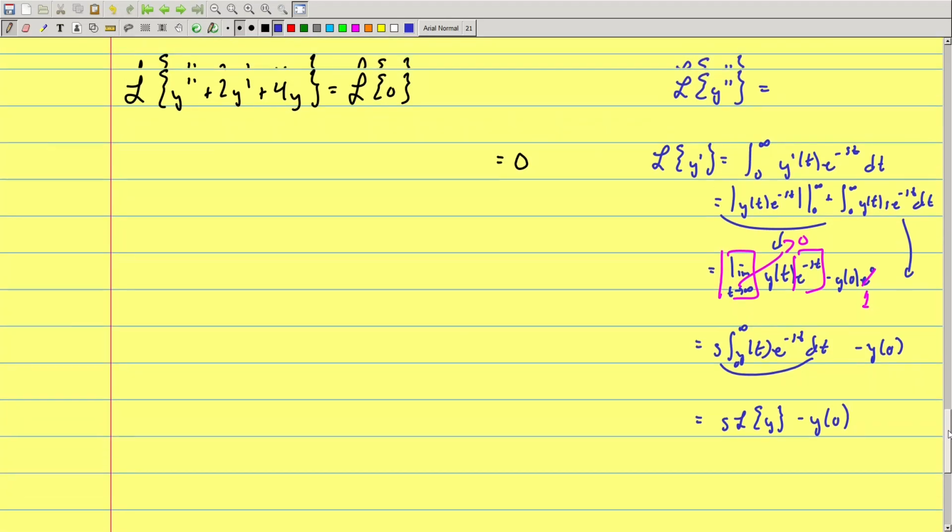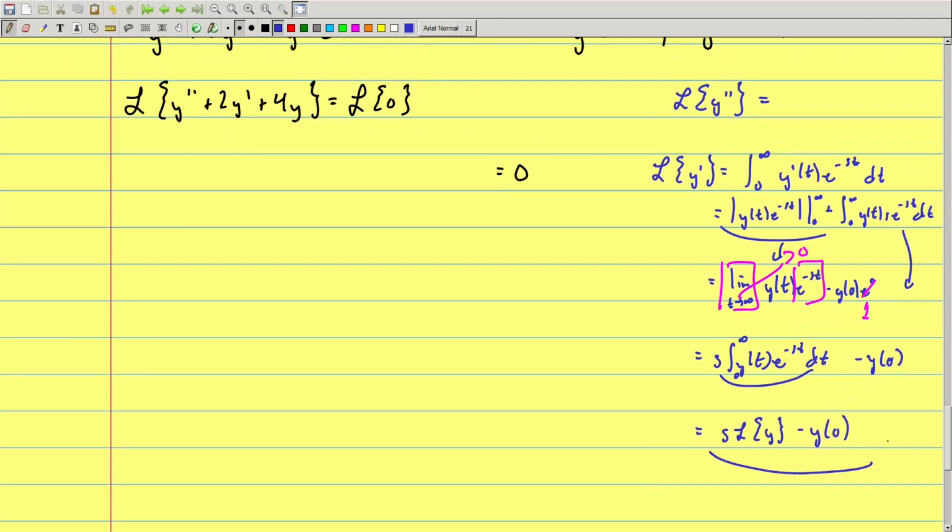Now, it turns out that this gives us a pattern that continues for any number of derivatives we need to take.